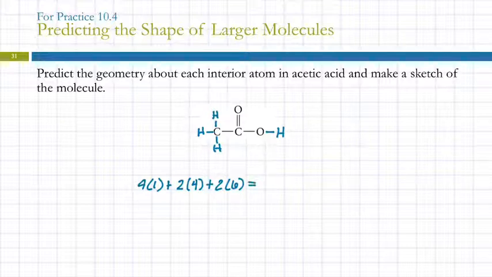So I think that's 24. In bonds, I have 2, 4, 6, 8, 10, 12, 14, 16, 18, 20, 22, 24. So I've got octets for everybody there.